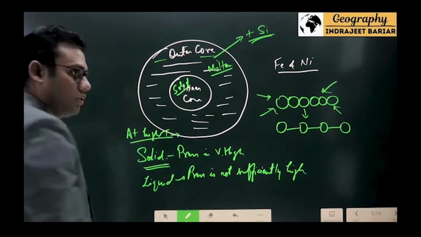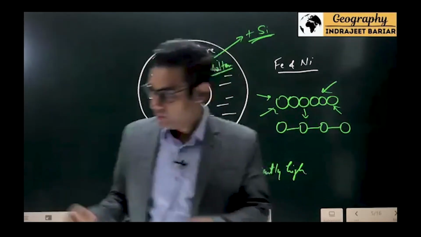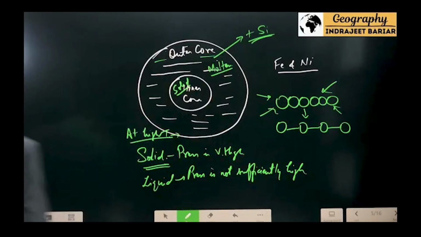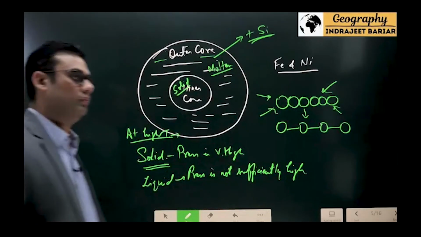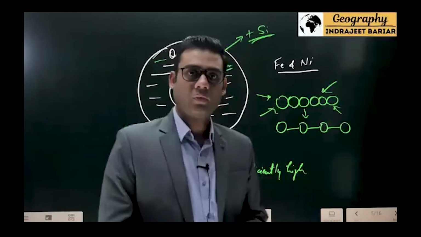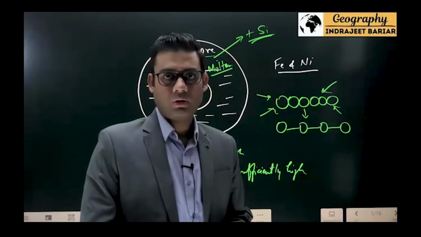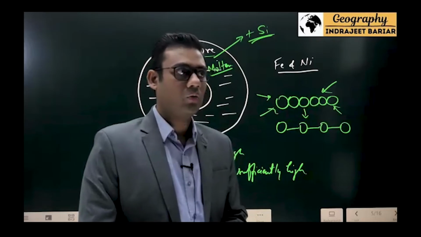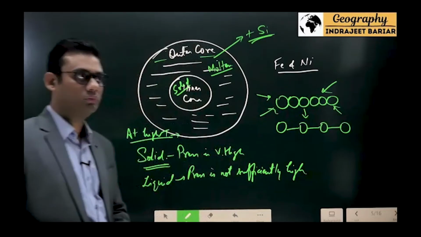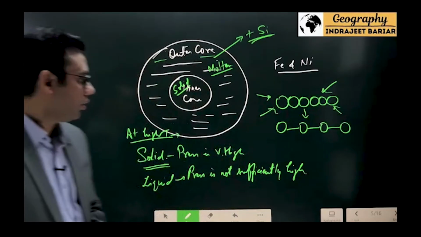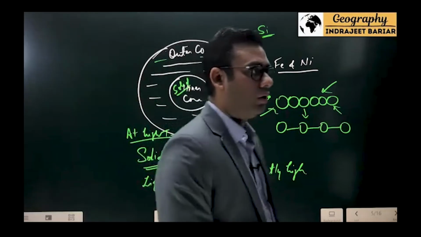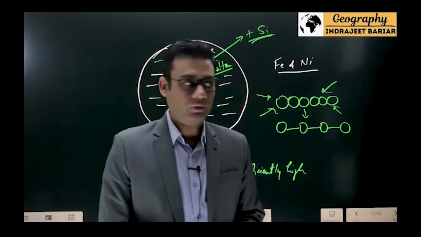And next question, one more question put there. Next question, why is the outer core liquid? Why is the outer core liquid/molten?